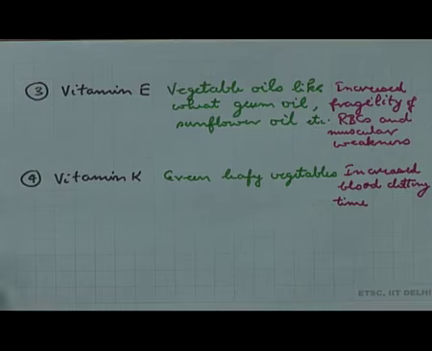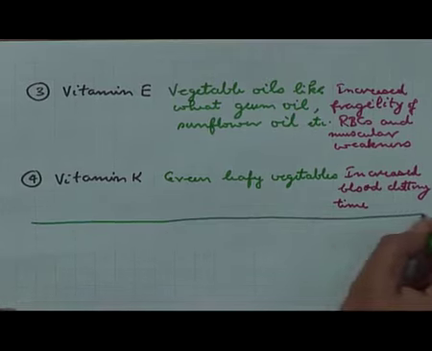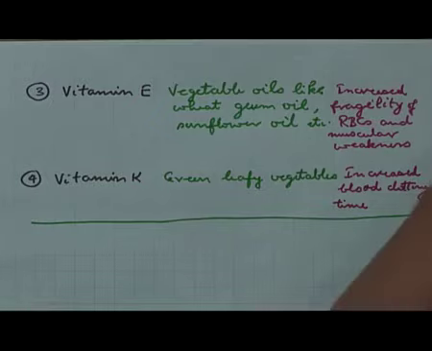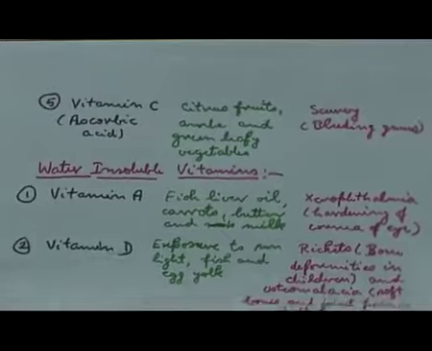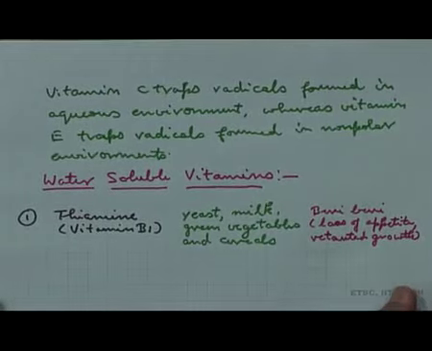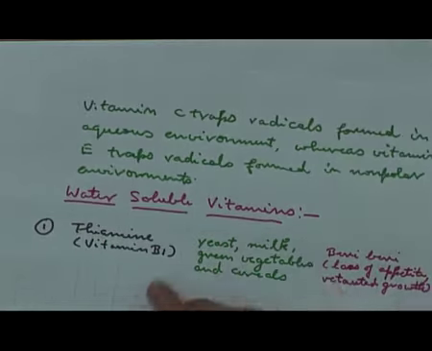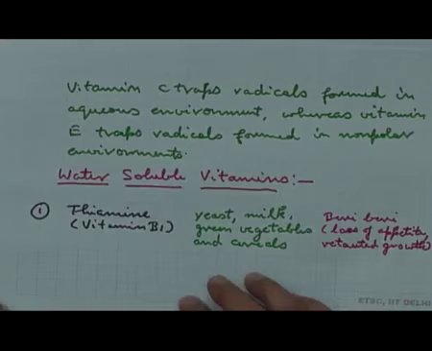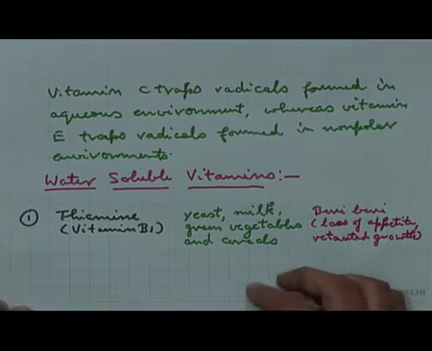So, this much about the vitamins. Again I would like to repeat the vitamins classification. Water soluble vitamins, first one was thiamine or vitamin B1, which can be obtained from yeast, milk, green vegetables and cereals.